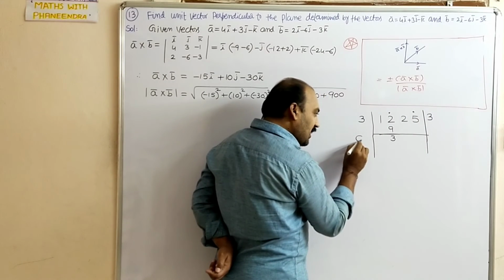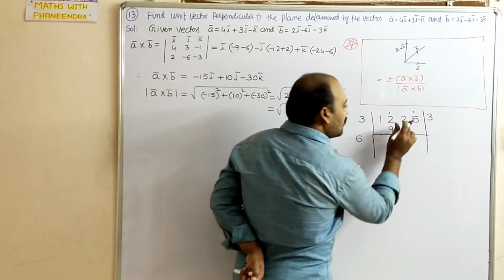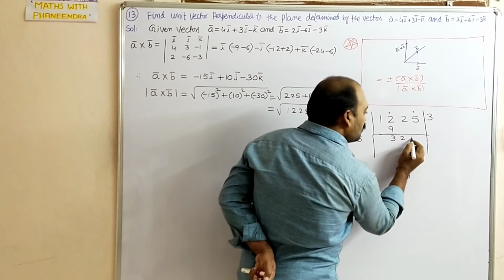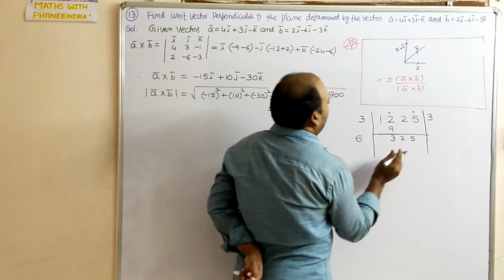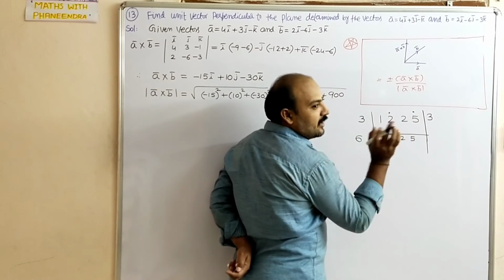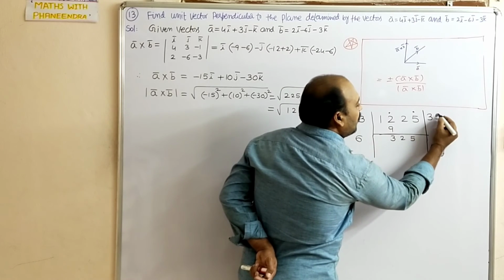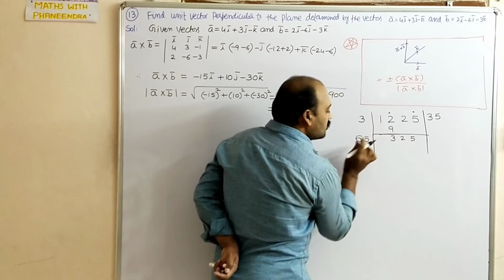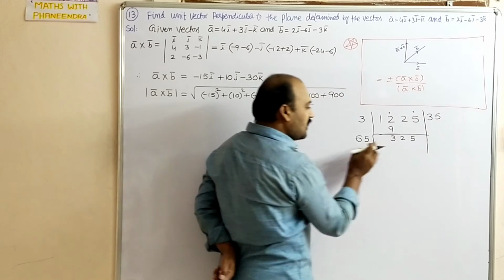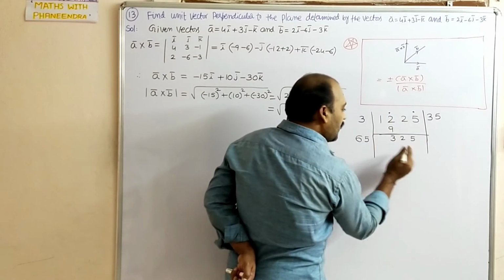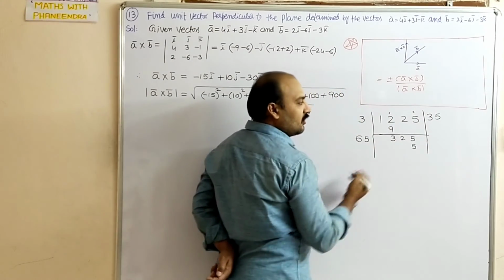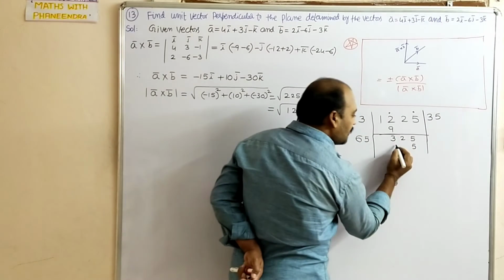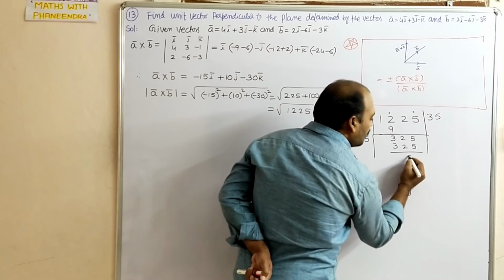So double means 3 plus 3 is 6. The remaining we can take down, 3 2 5. Here 5 is there, which means compulsorily it is a multiple of 5. So if you take 5 here, write 5 here also. So 65 into 5, 65 fives are 5 into 5 25, 5 sixes are 30 plus 2 is 32. So it will be 0.